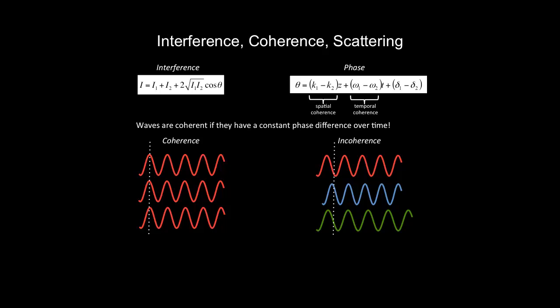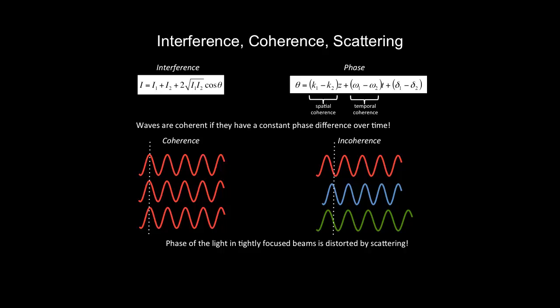Another thing I wanted to mention, this term over here is related to the spatial coherence. That tells us how collimated the beam is, how non-divergent the beam is. This is related to what's called temporal coherence, and it tells us how monochromatic the light source is.